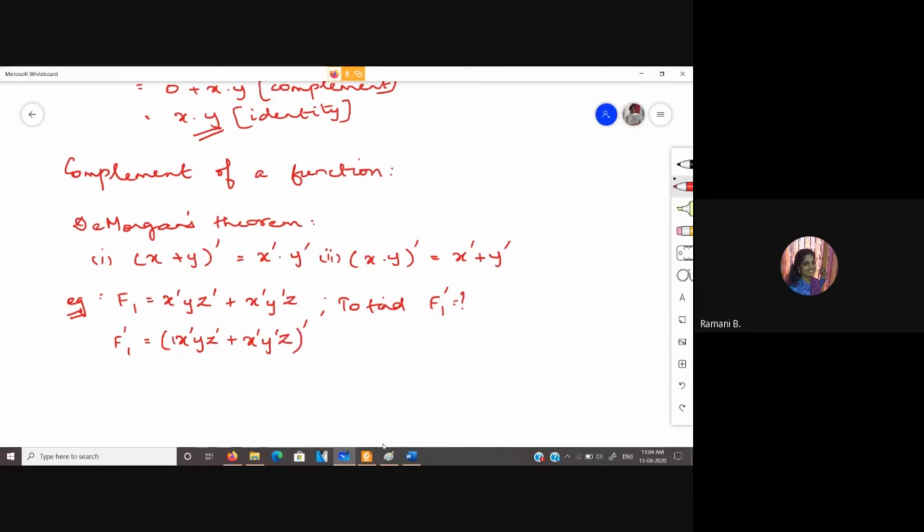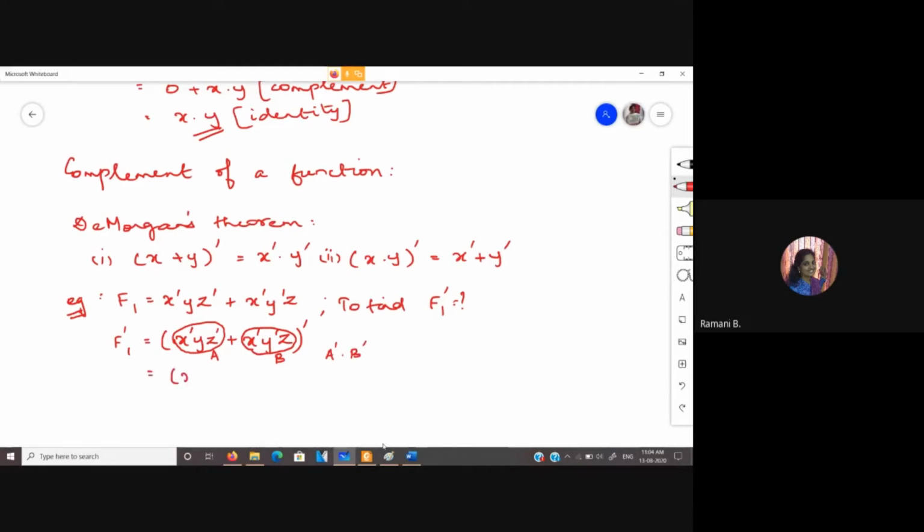Now consider this whole thing as a single variable. Let me denote it as a just for your understanding, and let me take this term as b. So this is like you are having a plus b the whole bar. So my resultant is supposed to be a bar dot b bar, right?